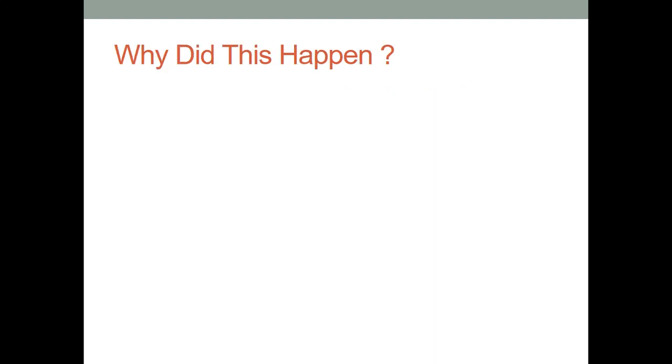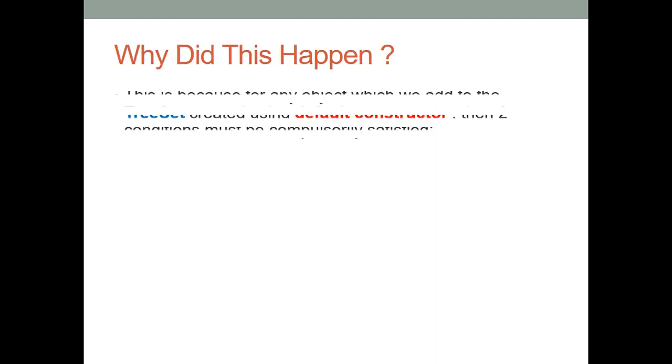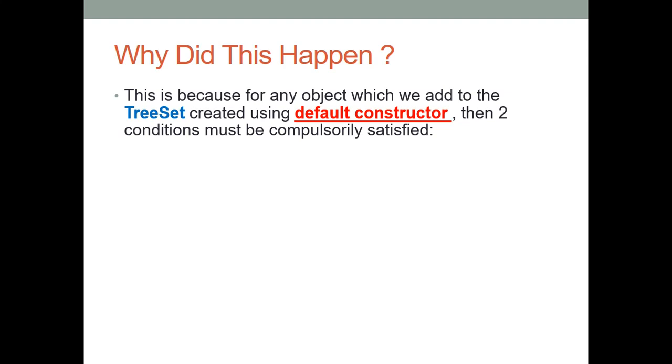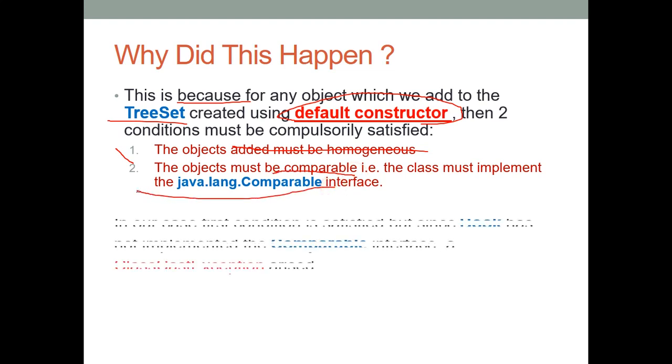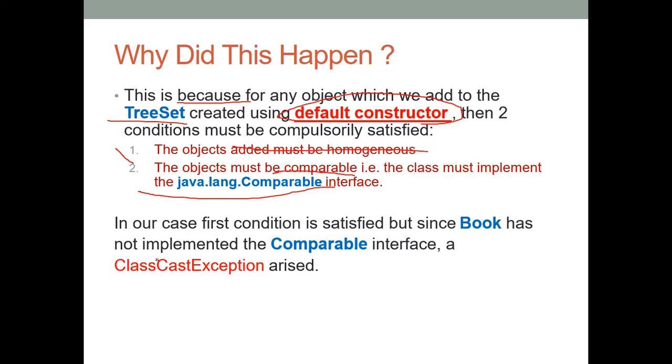In the next slide I'm going to discuss in detail why this happens. Any object which you add to a TreeSet created using the default constructor must compulsorily satisfy two conditions. The first condition is that the objects added must be homogeneous. The second is that the class must implement java.lang.Comparable.